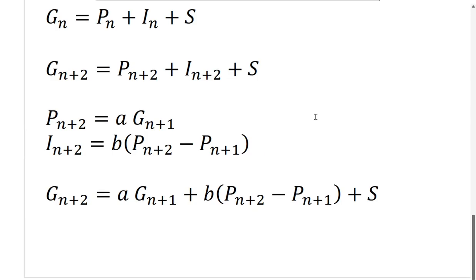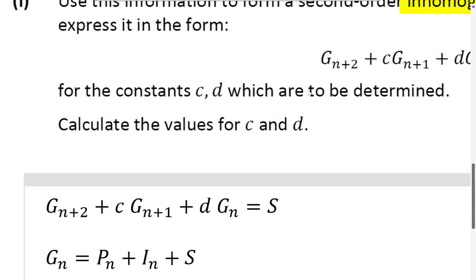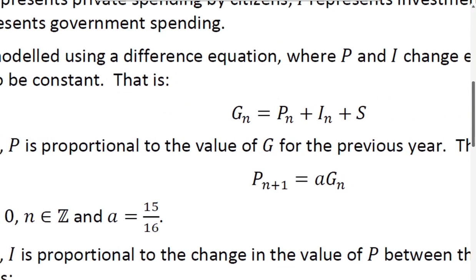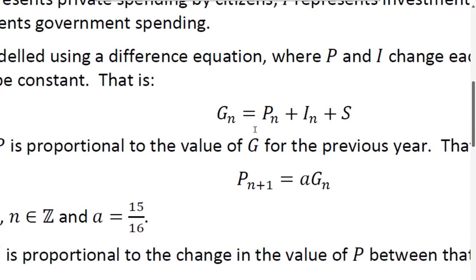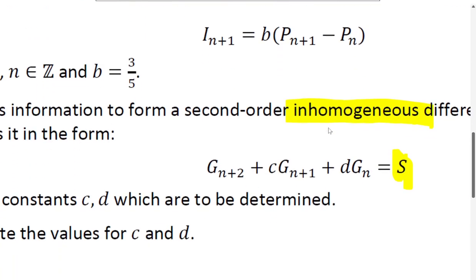I've just realized something from looking at the question. This is a diversion or a sidetrack. If you look at what we started with, we had g n is p, i and s. Now, the s is on the other side of the equal sign to our g n. So we have the g n on the left, we have the s on the right. I'm going to get back to the question, don't worry.